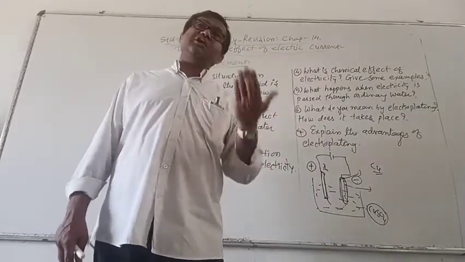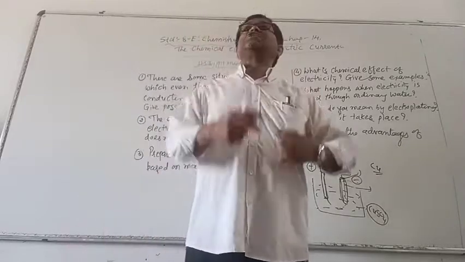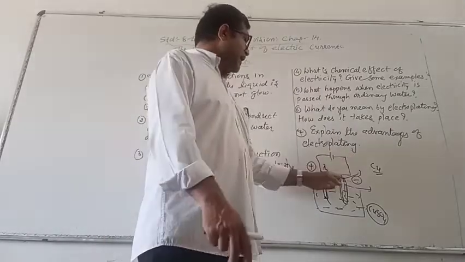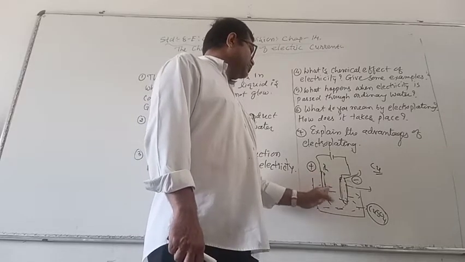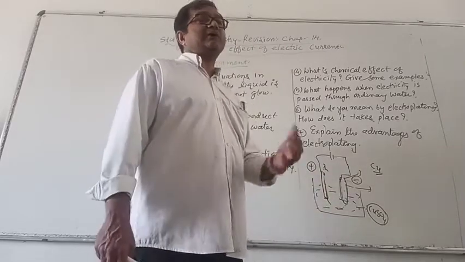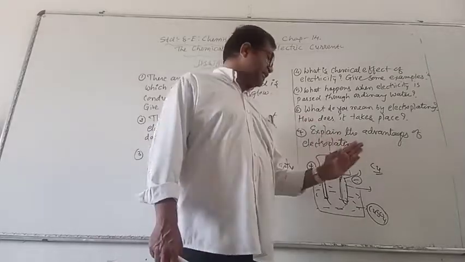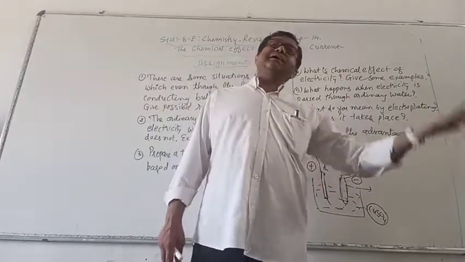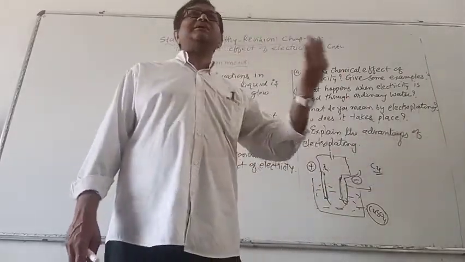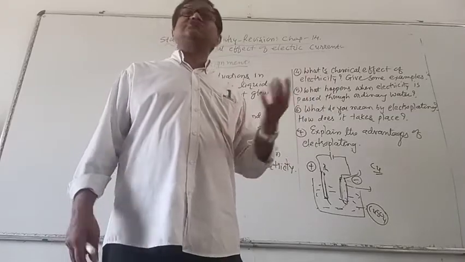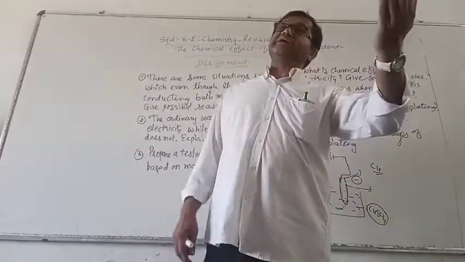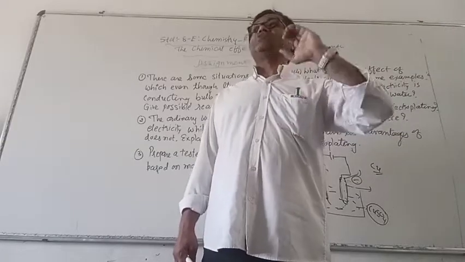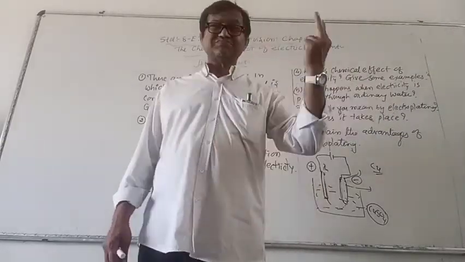So what do we do? We do electroplating. We put iron on the negative and the zinc metal on the positive electrode, and by passing the current, the layer of zinc will be on that iron, so it looks like it is made of zinc, and it can be used to prevent rusting.